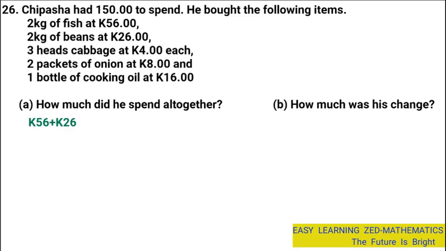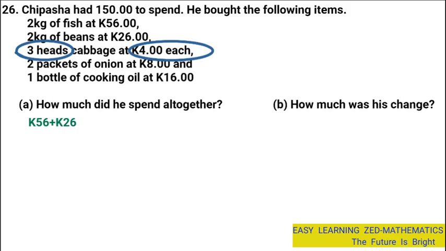Now here, students, you have to pay attention. Here is where a lot of students make mistakes. You need to take note of the price, which is 4 kwacha, and you notice that 4 kwacha is attached to the word each. You also notice that he bought 3 heads. So one head of cabbage was sold at 4 kwacha.